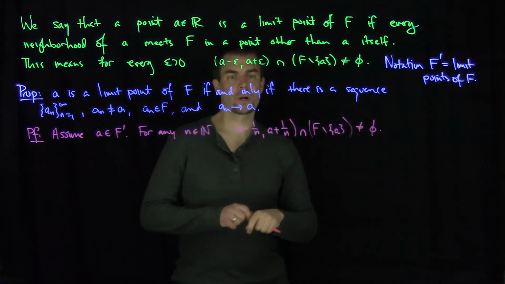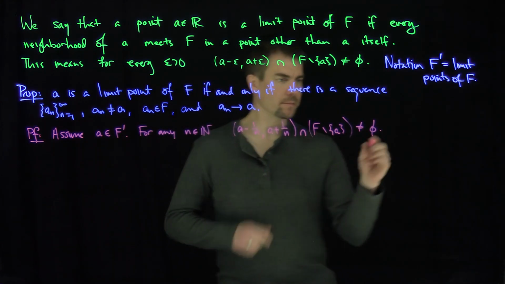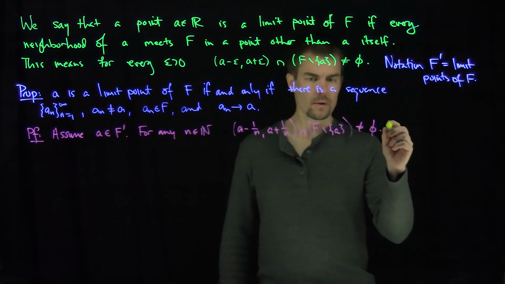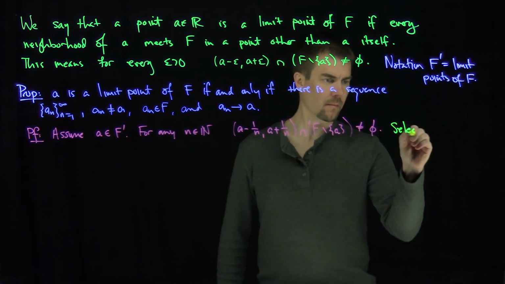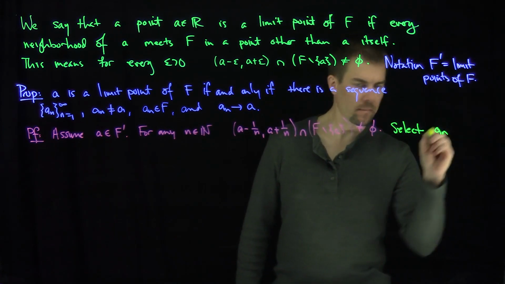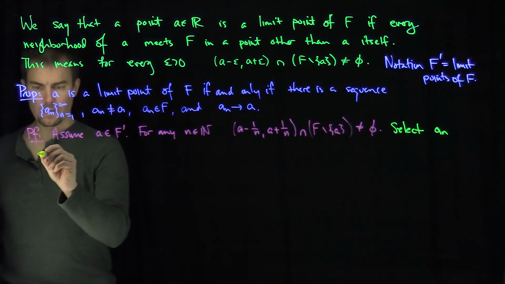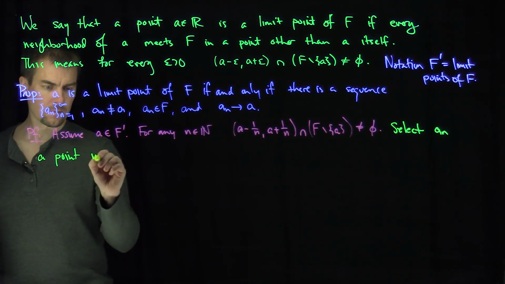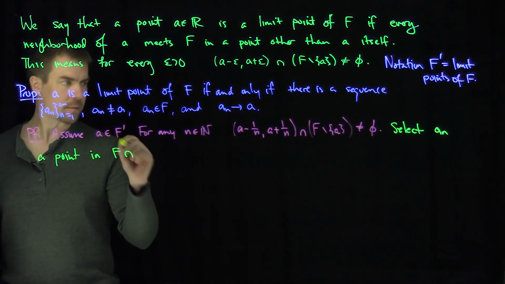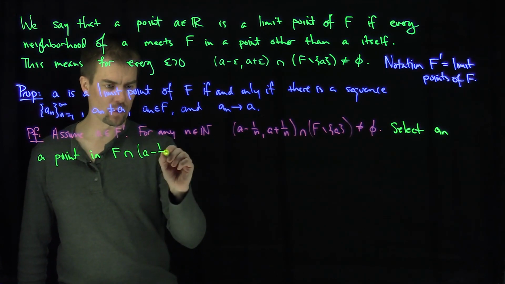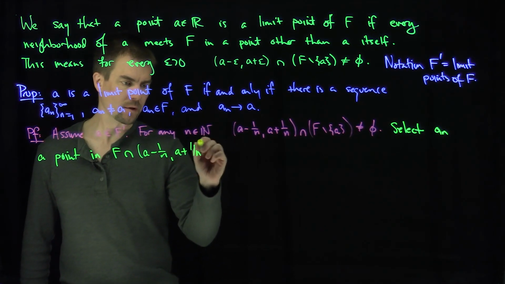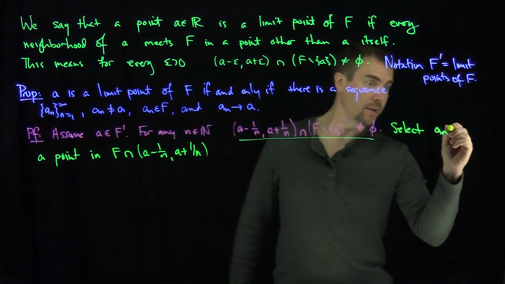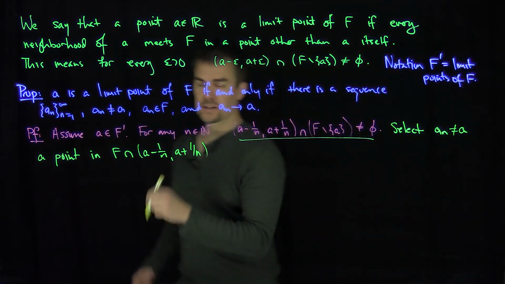So I can select a_n to be a point in F and in the interval from A minus 1 over n to A plus 1 over n. I can do this because that set is not empty, so this point a_n is not equal to A, and it's in this set.